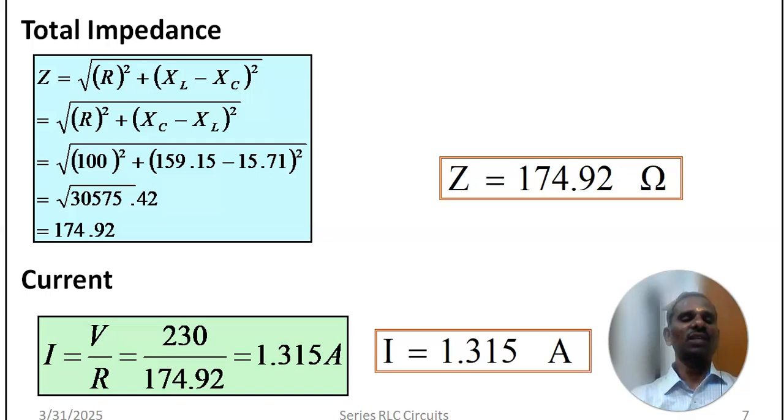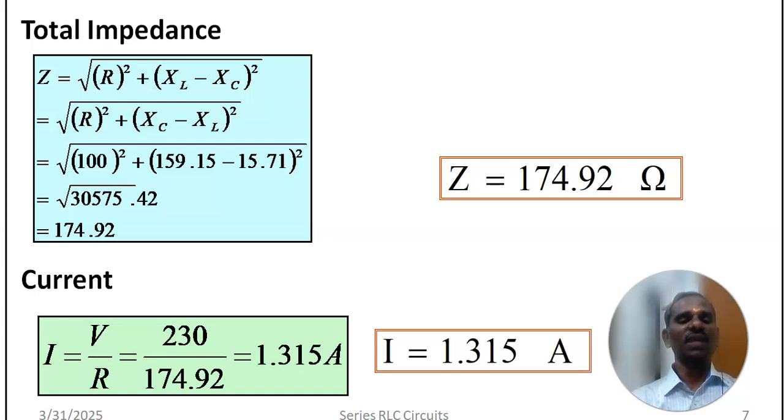Now we need to find the total impedance. Z is equal to square root of R square plus XL minus XC the whole square, that is, inductive reactance minus capacitive reactance. Since the capacitive reactance value is very high, we just convert this formula. So Z is equal to square root of R square plus XC minus XL the whole square.